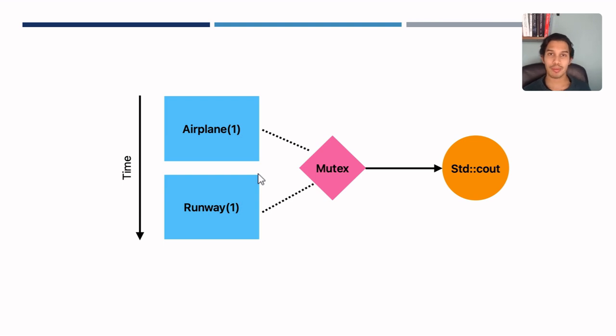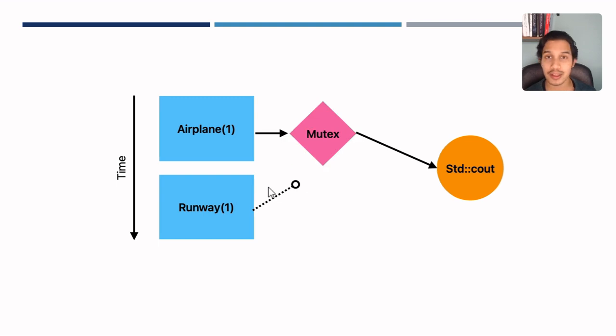We fix this by using a programming object called the mutex. The mutex will prevent simultaneous access of a shared resource by giving only one thread access to the shared resource. This is done by having one thread acquire and lock the mutex.